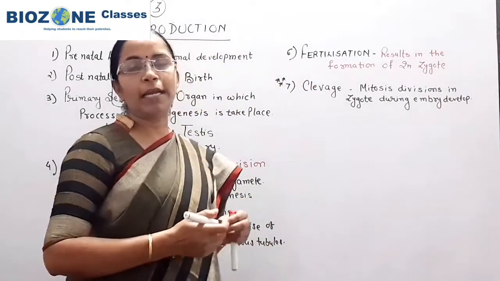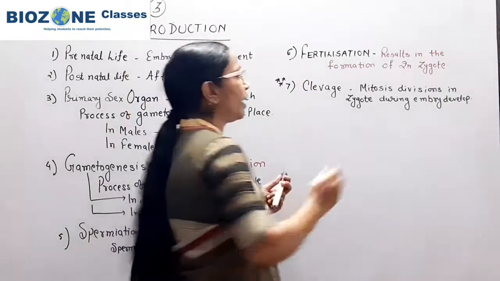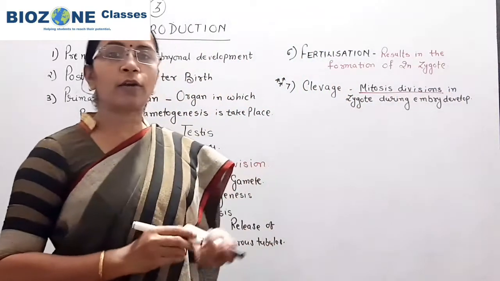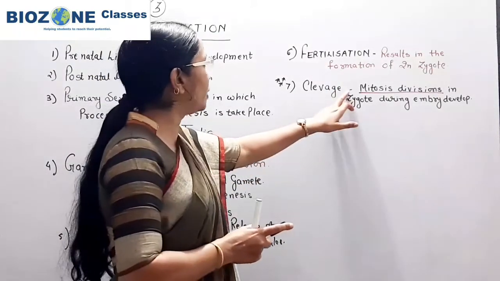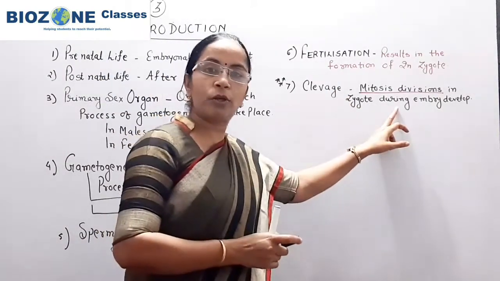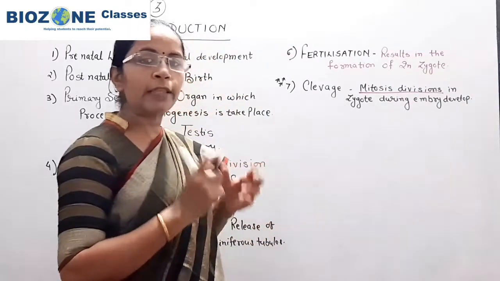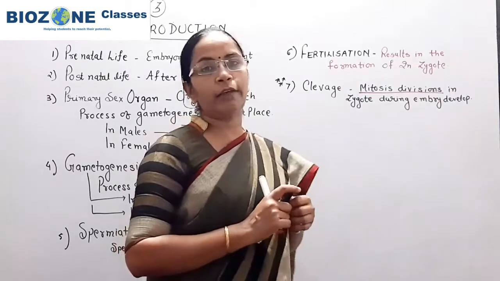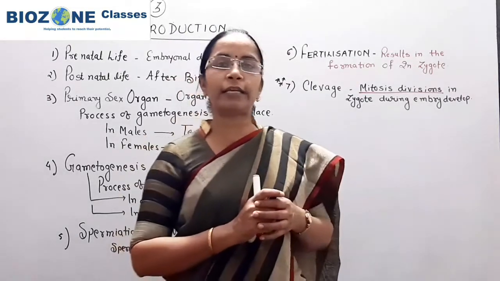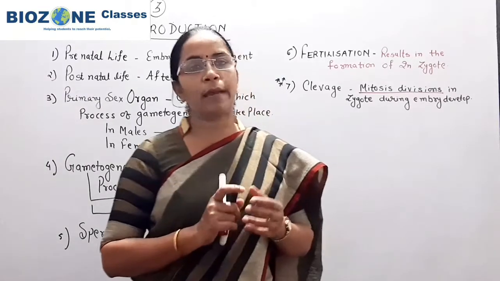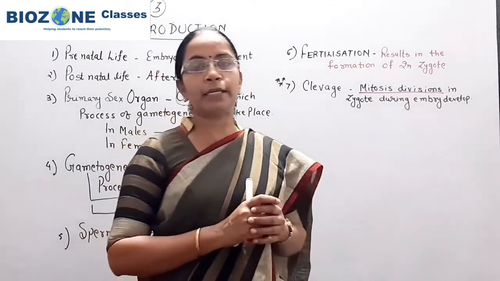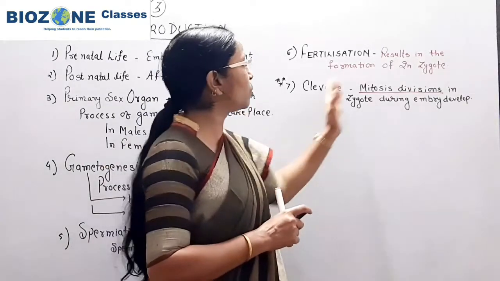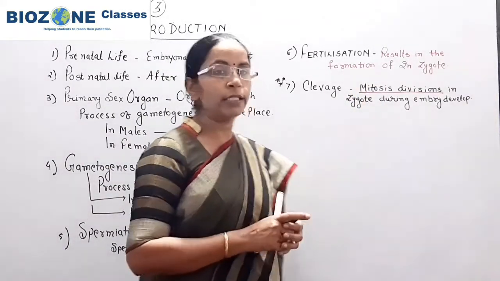The important thing is the type of division. When the zygote undergoes mitotic division, and this leads to the development of a diploid embryo, those mitotic divisions are called cleavage. In different individuals, for example in birds, reptiles and mammals, the cleavages take place in different ways. That we also study when we come to fertilization and cleavage in the zygote.